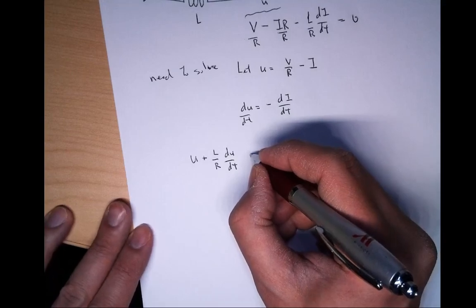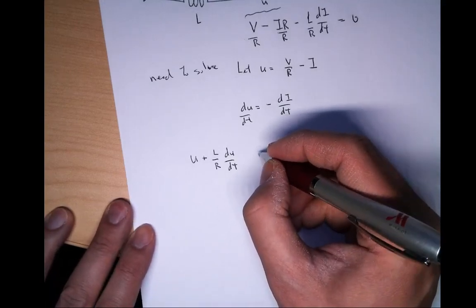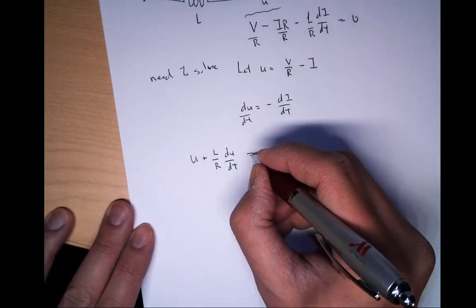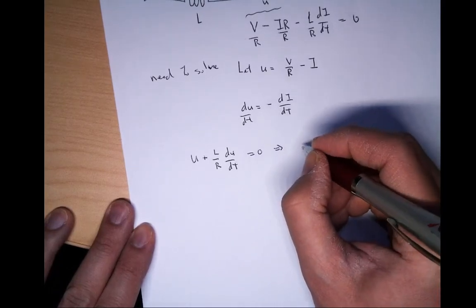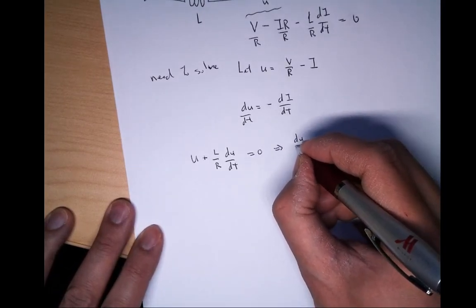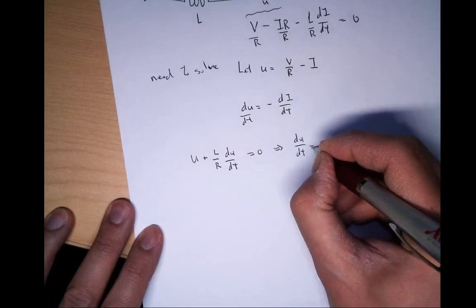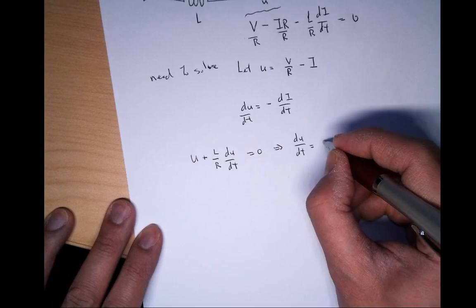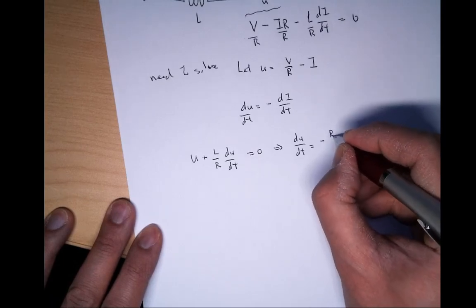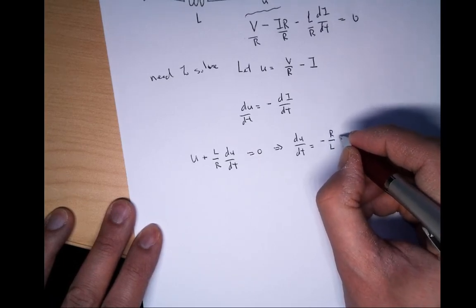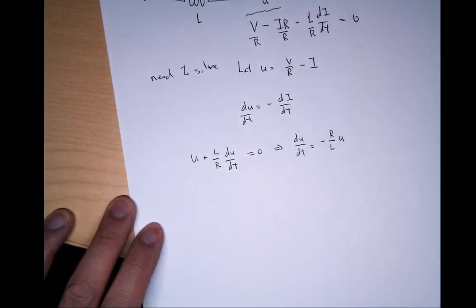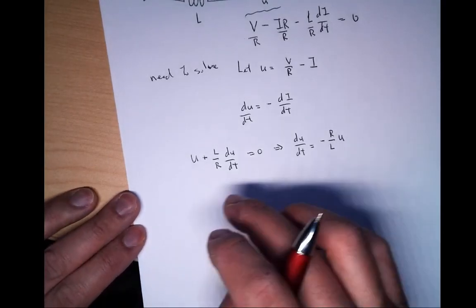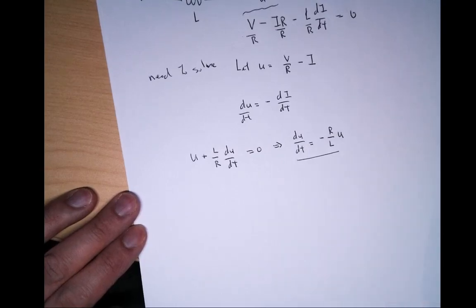Or in other words, that equals 0, or du dt is equal to minus R over L u. Okay, and now I have to solve this equation again, and we actually just solved it earlier.